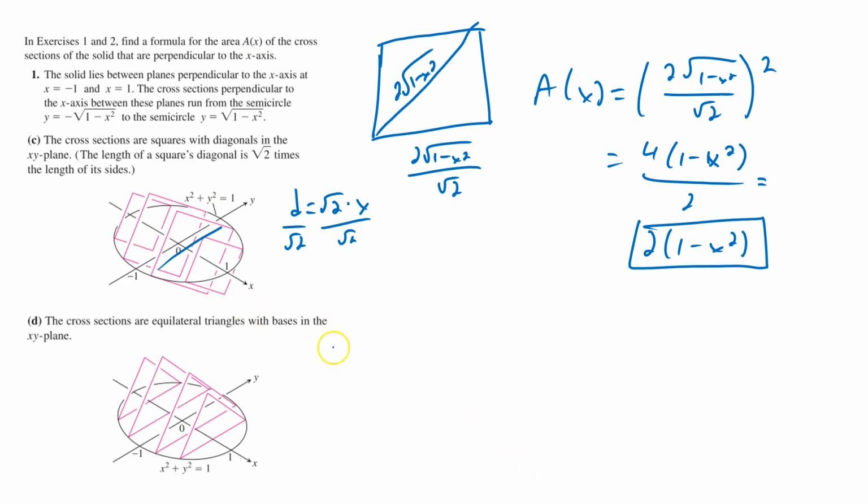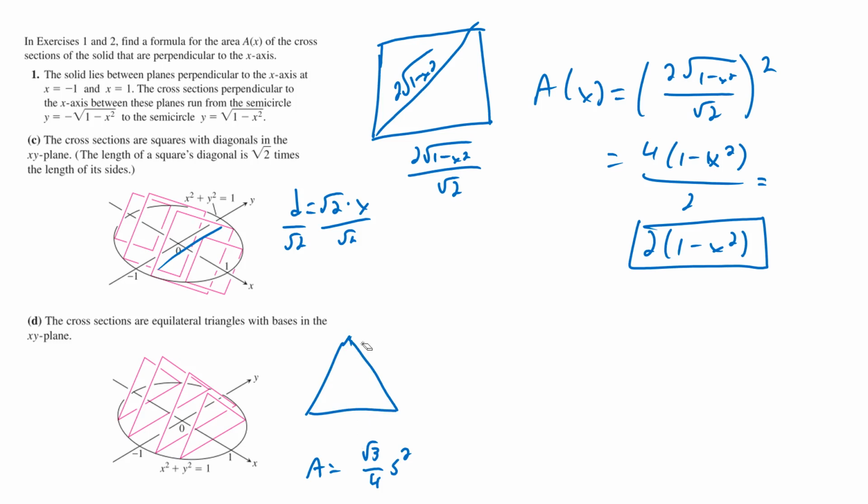Now we got equilateral triangles. You remember the formula for equilateral triangles? It's one of the ones we said in class was an important one to know. If it has side length s, then the area is equal to (√3/4)s². You can prove that by using trig, by finding the height, right? This is s over 2, this is s. You can use the Pythagorean theorem to find the height. It's a bit of a pain, but if we remember this formula, then we don't have to remember how to find it.